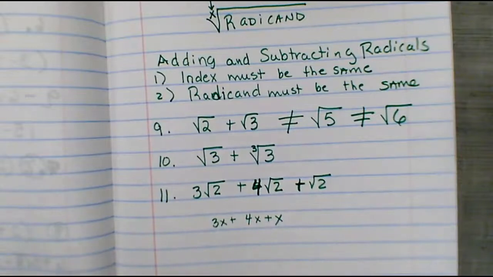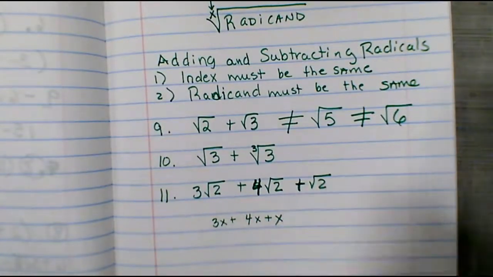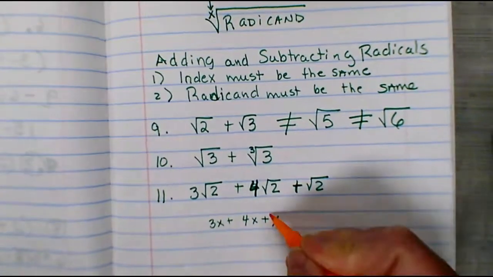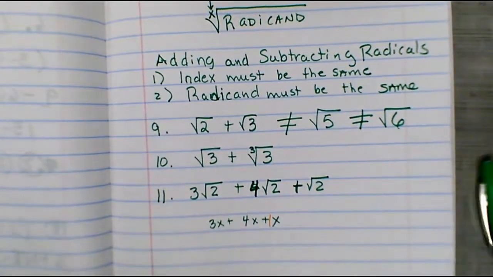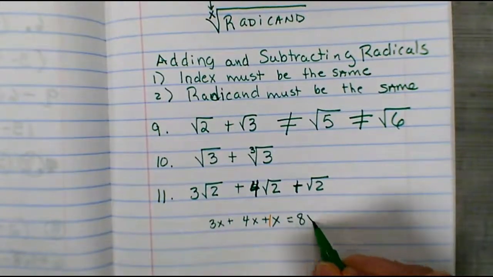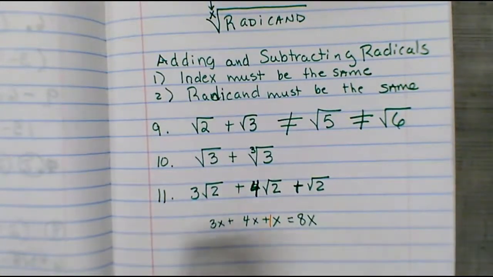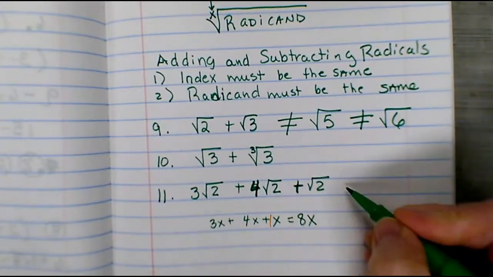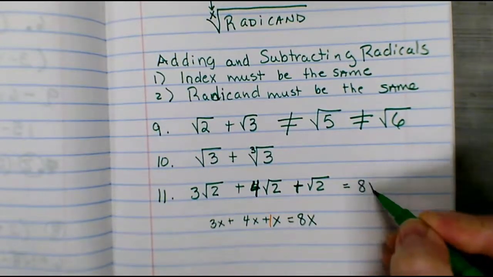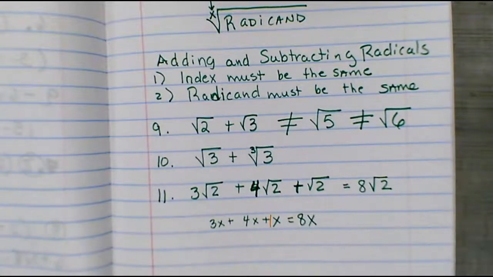If you have x's instead of radicals, you would add 3 plus 4 plus 1, and that would give you 8x. We're going to do a similar thing with this problem. 3 plus 4 plus 1 more would give you 8 square roots of 2.